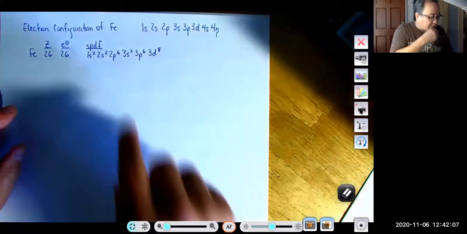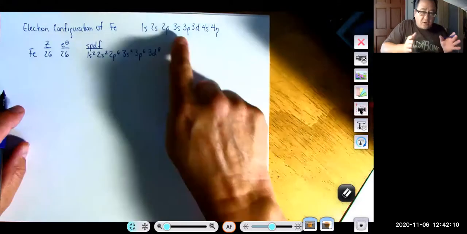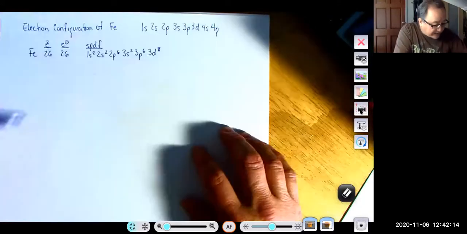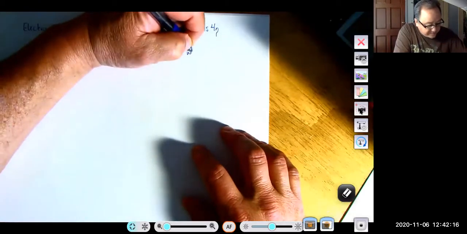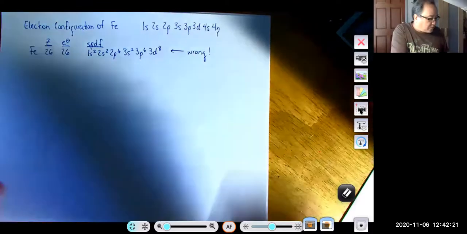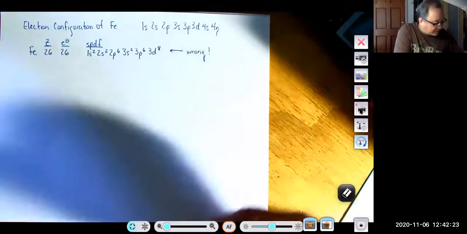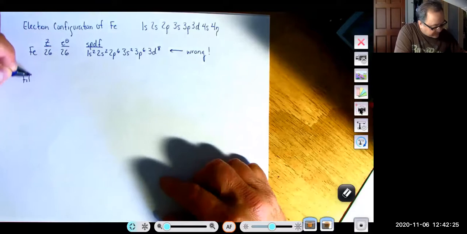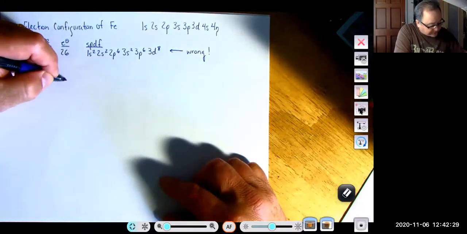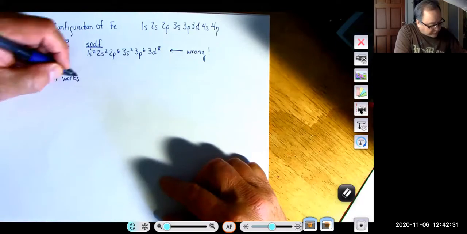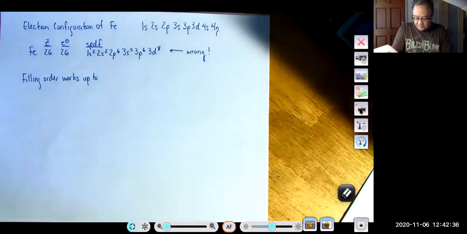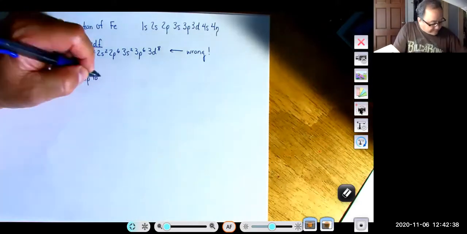So this would be the electron configuration if we just follow which subshell is more stable. And this is wrong. So the filling order works up to, let's see, works all the way up to calcium.